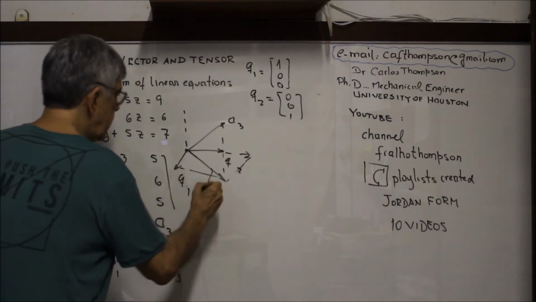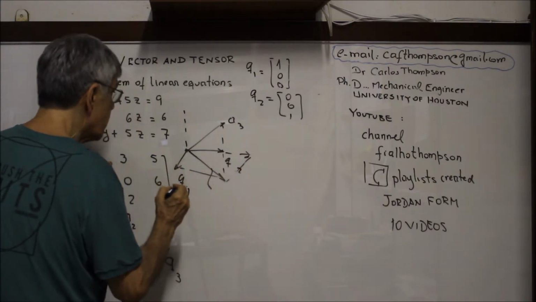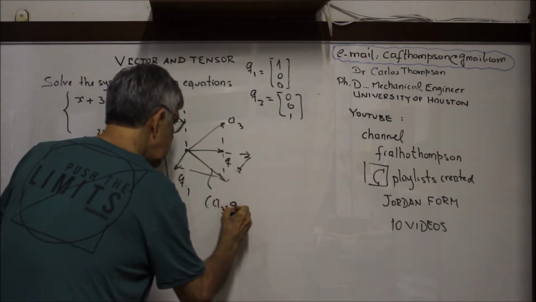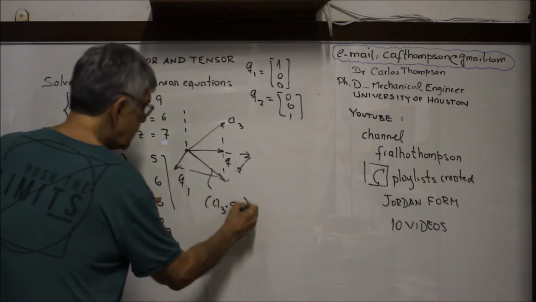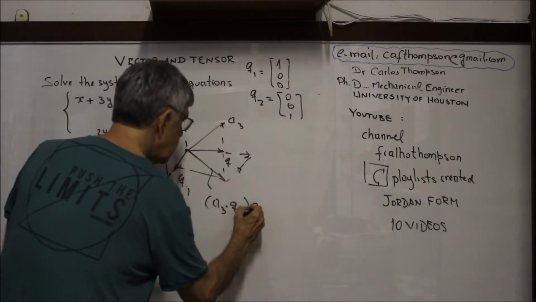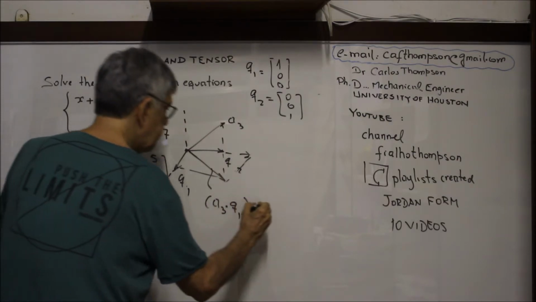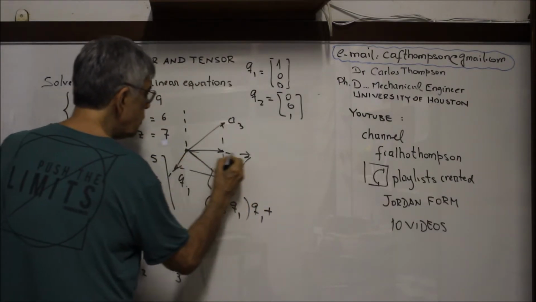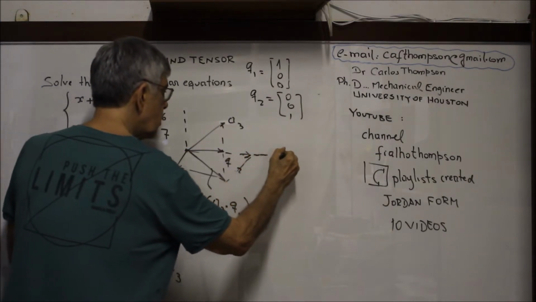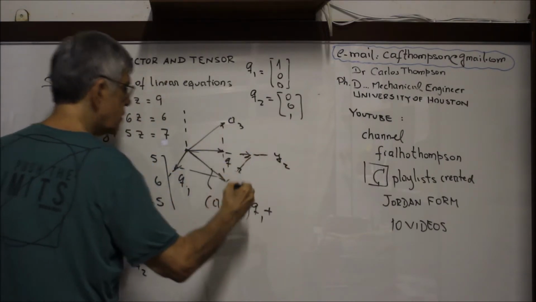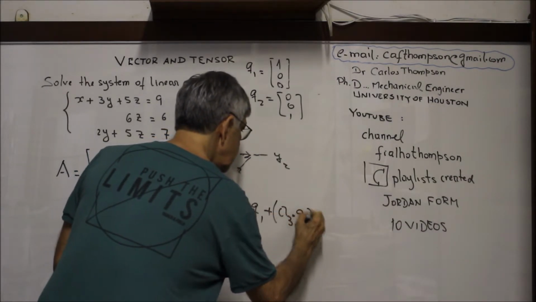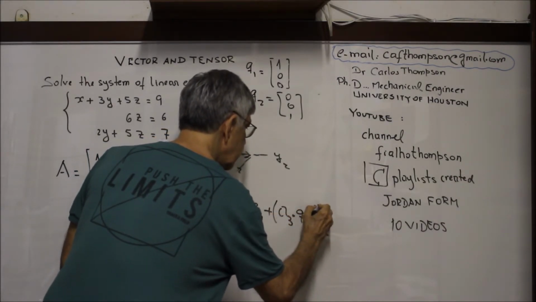Now, this vector here will be the sum of A3 dot Q1. That's a scalar. In this direction here is Q1, vector Q1. Plus, now this vector here, I project A3 on this Q2 axis. So plus A3 dot Q2, Q2. See?